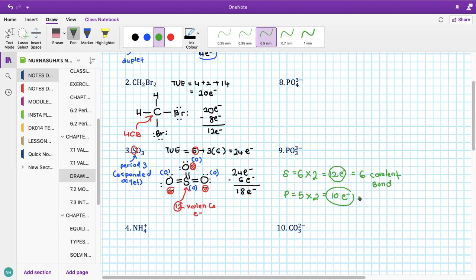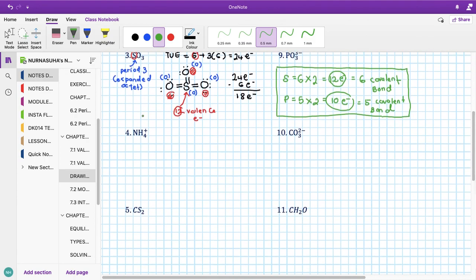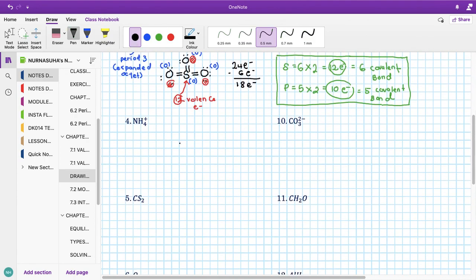So 10 electron equivalent to 5 covalent bond. Okay, this one you kena tahu. Okay, next kita proceed to NH4+.